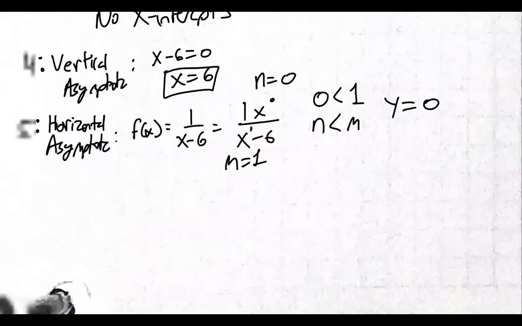I was helping her with the horizontal asymptote over there, and she was confused about it. I just thought of something that will help everyone: to find the asymptote, it's always going to be n over m.